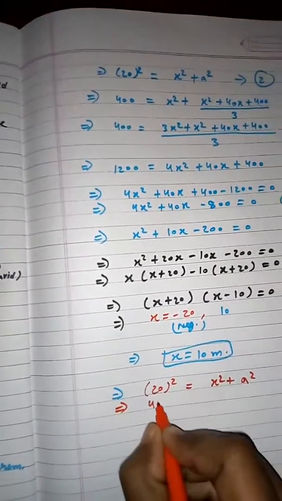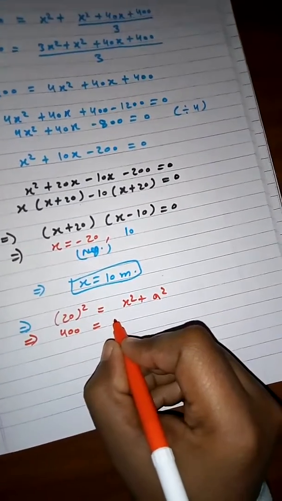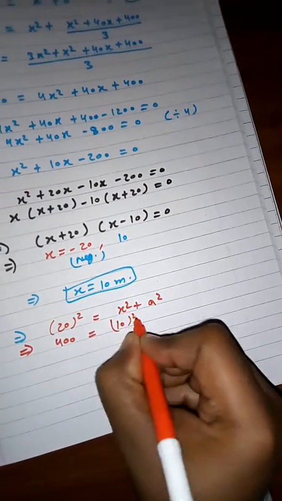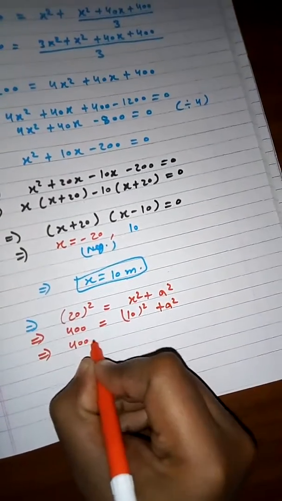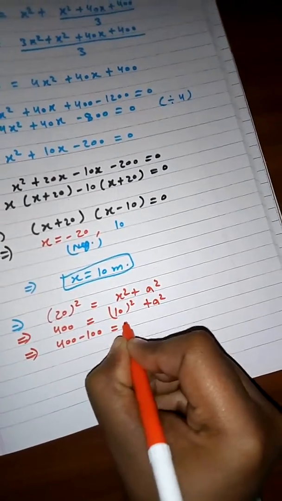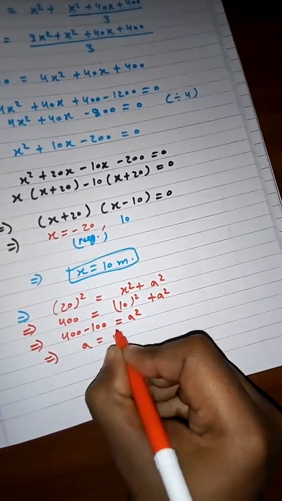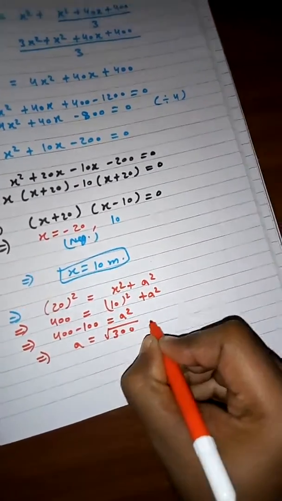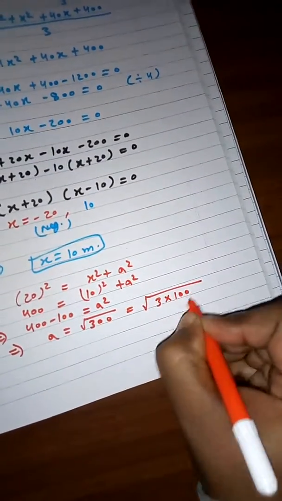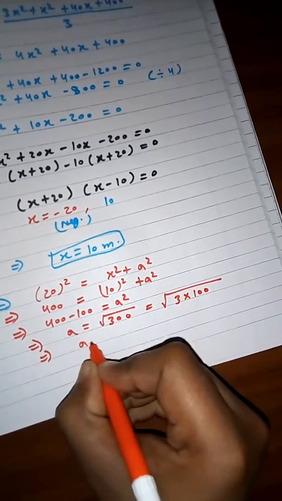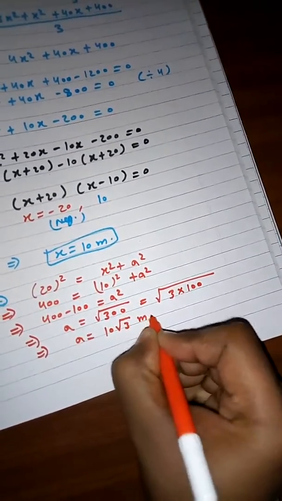Now it becomes 400 is equal to the square of 10 plus a square. It gives us 400 minus 100 is equal to a square. It gives us a is equal to under root 300, which can be further solved as under root 3 into 100, and it gives us a is equal to 10 root 3 meters.